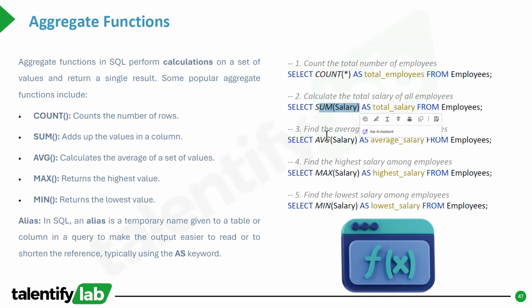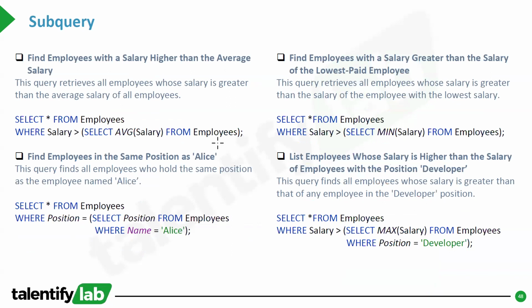Or if I use average, it will give us the average of those salary values. It is going to sum them all and divide by the number of rows, and it is going to give us its average. And it will give us maximum salary, minimum salary. We can use all these aggregate functions for more dynamic codes.